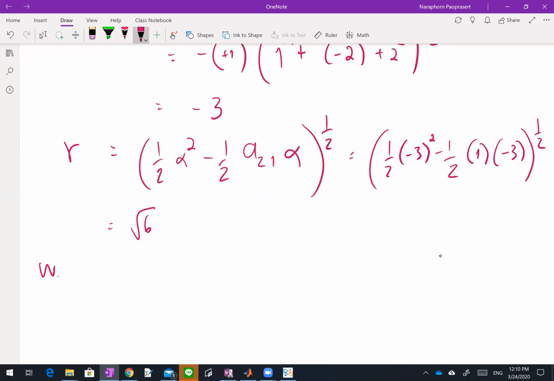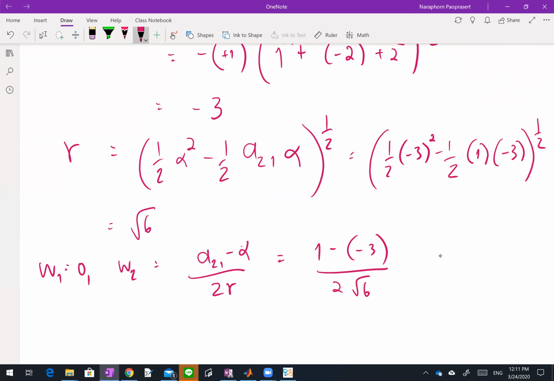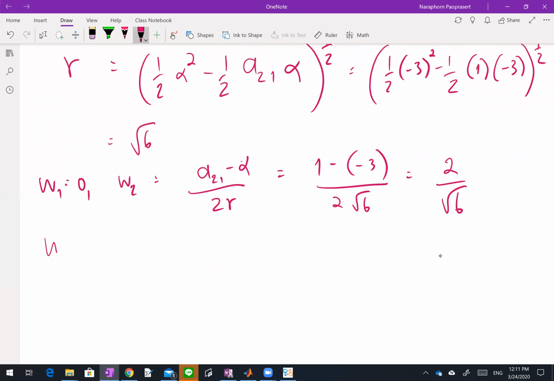W1 is 0, W2 is just a21 minus alpha divided by 2r. 1 minus alpha is 4 divided by 2 times square root of 6, so you have 2 divided by square root of 6. W3 is A31 divided by 2r, so A31 is minus 2 divided by 2 times square root of 6, and this is minus 1 divided by the square root of 6.